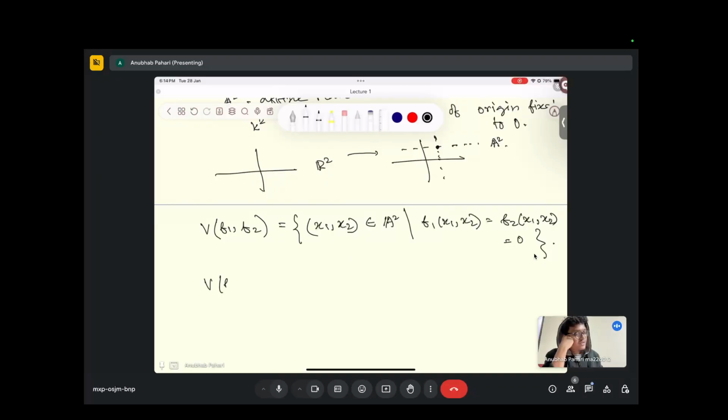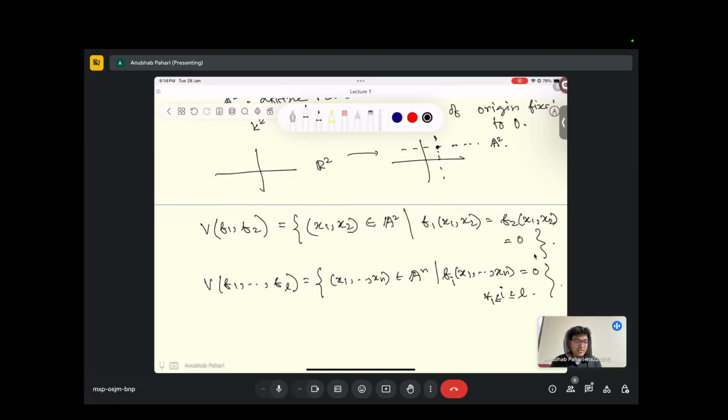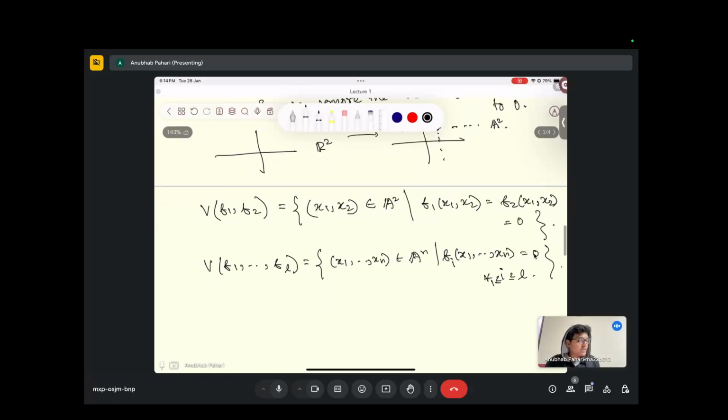So similarly, one can define it for a finite number of polynomials, right? You get the points (x1, x2, ..., xn) in A^n such that fi(x1, ..., xn) equals 0 for all i from 1 to L. Okay, so you can see the pattern behind this definition, the repeated pattern behind this definition.